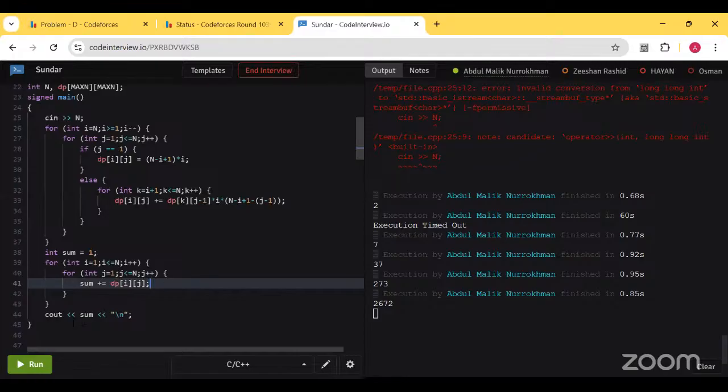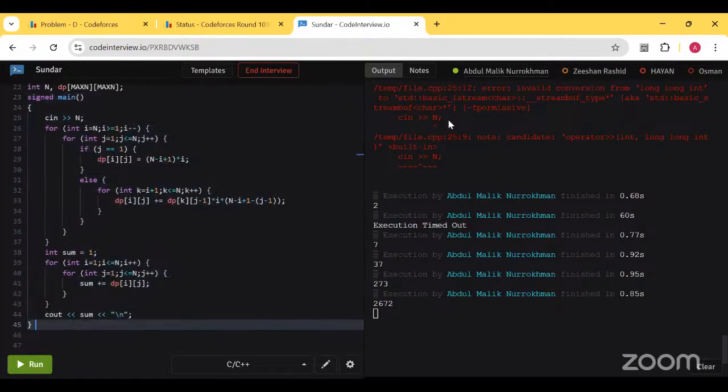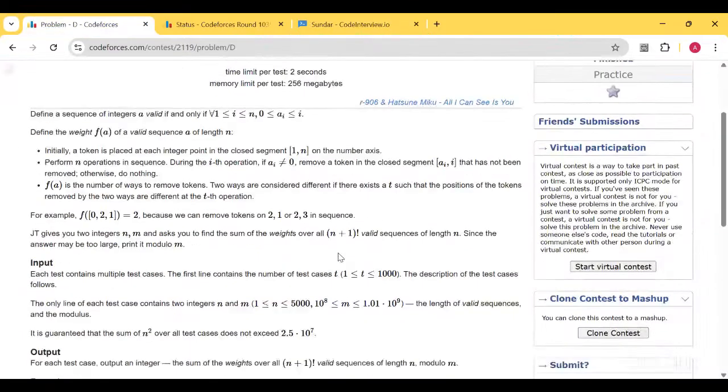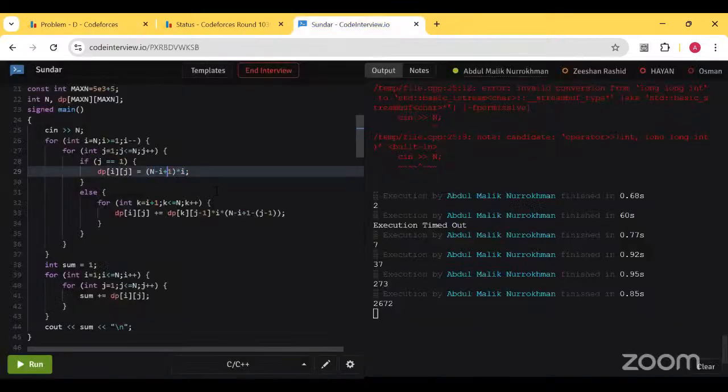How do you think? What shall we do next after we finish this implementation? Yes, add modulo. What else? First, we need to add modulo. For this, it will never exceed. Okay. Yes, we need modulo.